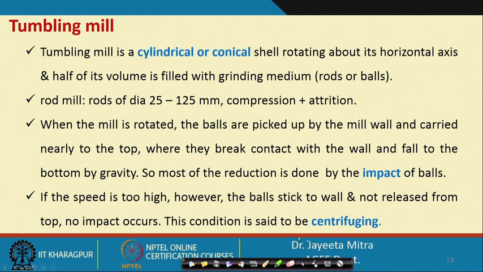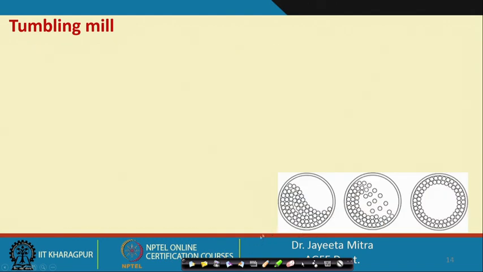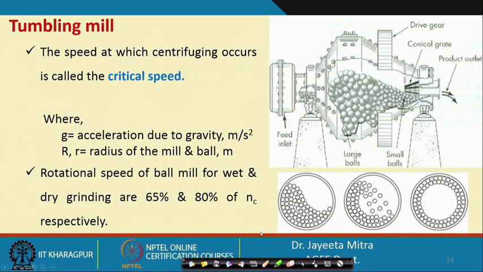If the speed is too high, however, the balls stick to the wall and are not released from the top, so no impact occurs. This condition is said to be centrifuging. Okay. So, as I have shown you, this kind of effect occurs when the speed is reasonable, that means not very high and not very low.